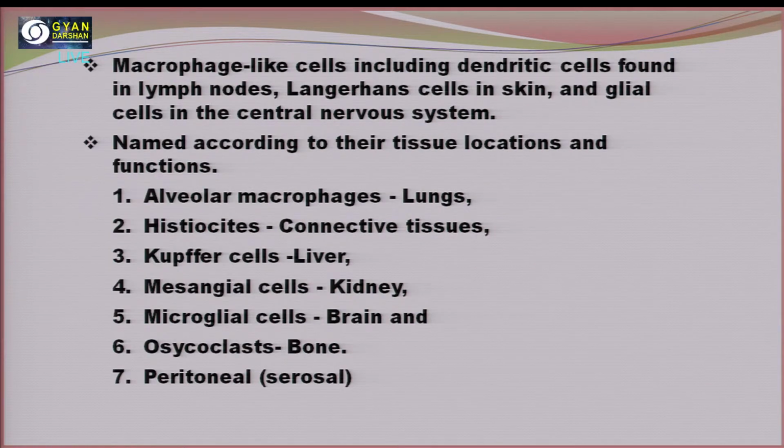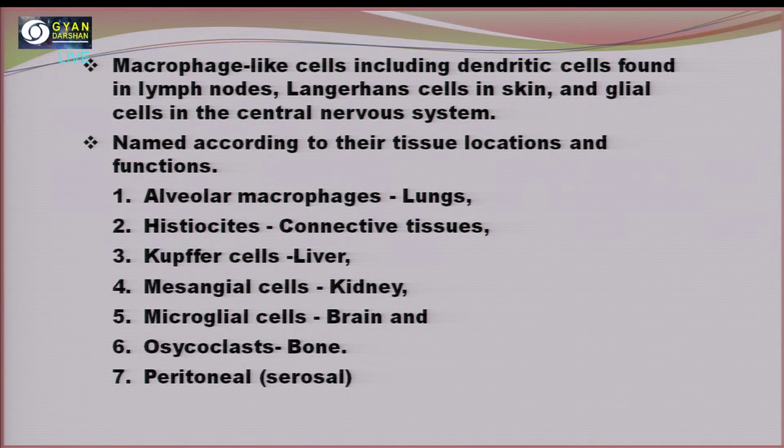Macrophage-like cells include dendritic cells found in the lymph nodes, Langerhans cells of the skin, and glial cells in the central nervous system. They are named according to their tissue location and functions. One is the alveolar macrophage, which is available in the lungs; according to the name, you can understand.